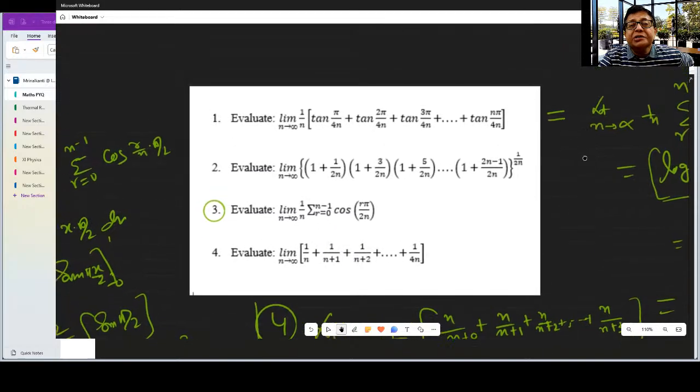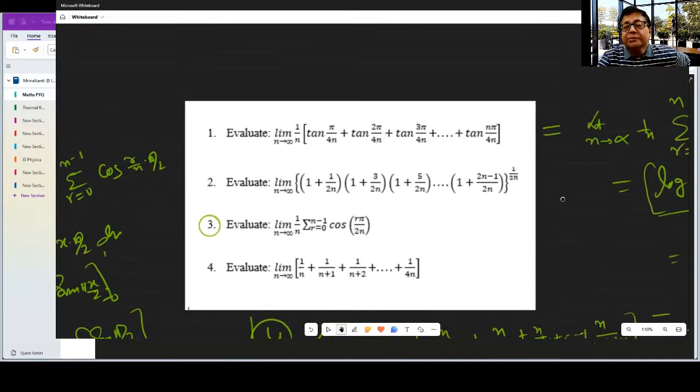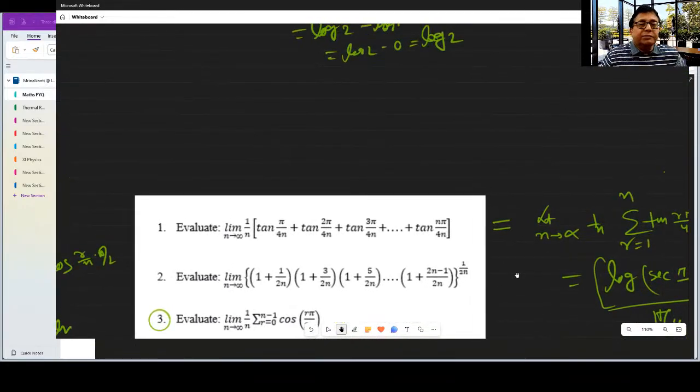Let's go for this one, number 1. 1 by n tan 4 by n, just go through, you will be able to do it. I'll give you 1 minute time. Just show your hand, then it will be okay.